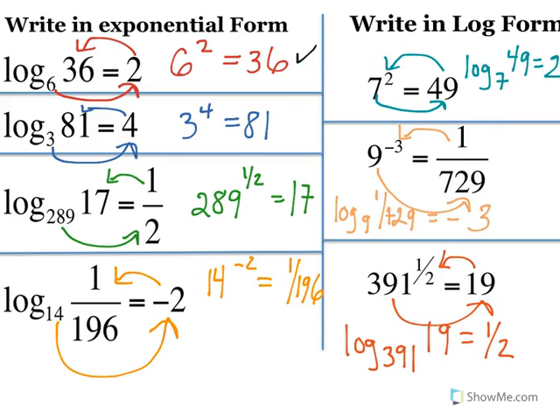Same thing with the one in blue. My brain doesn't process immediately log base 3 of 81, what that equals. But my brain can very quickly say 3 to the 4th power is 81. Sure, check.